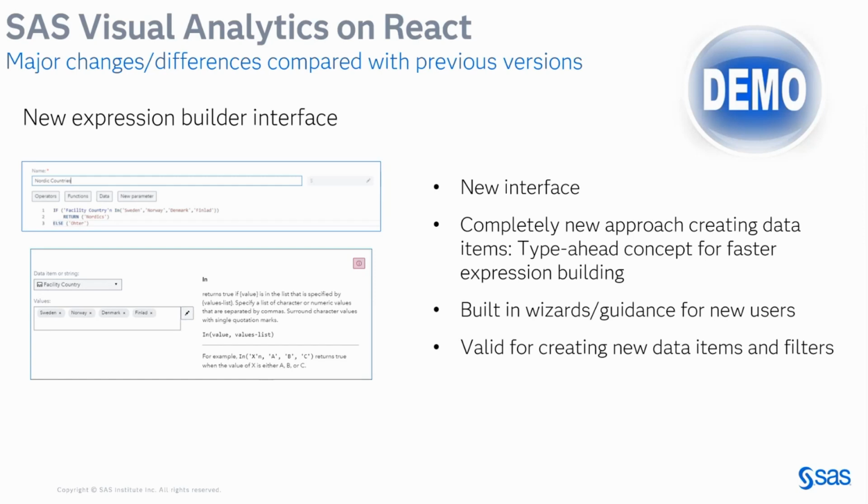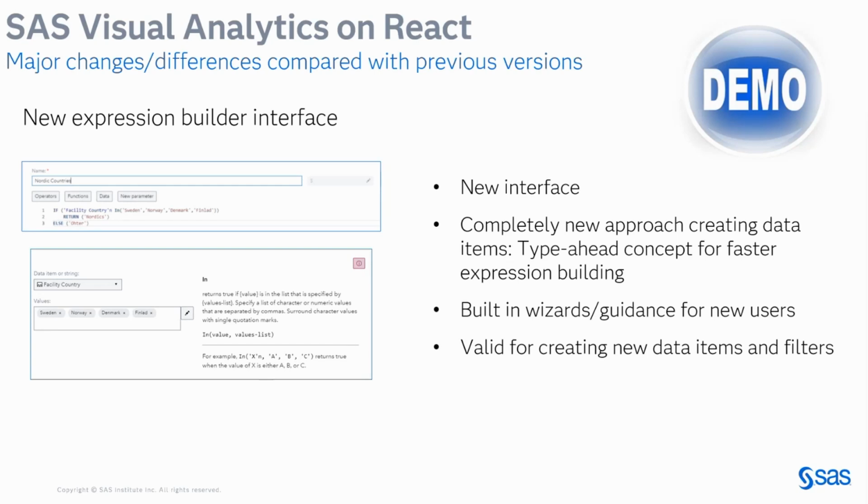I still miss something, or I see areas that could actually improve a lot, and I have continuous discussions with R&D regarding that, or product management. But the new interface is a completely new approach, creating data items. And it's sort of the best of two worlds. So the first thing is that by default, it actually uses a sort of type ahead concept for faster.